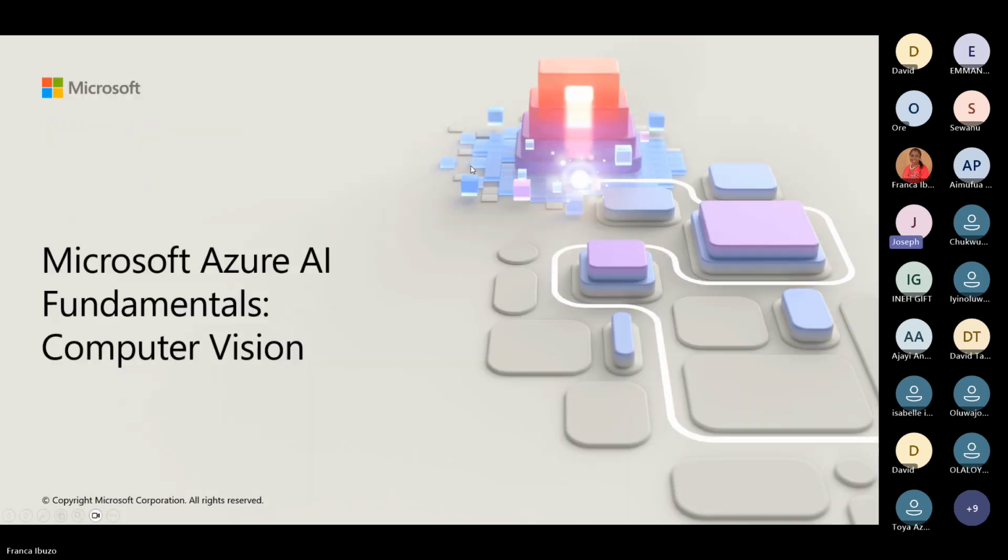Today we're going to start with Module 2. For those that missed the class, you can read up Module 1. Microsoft Azure AI Fundamentals, Computer Vision, that's what we have in Module 2.